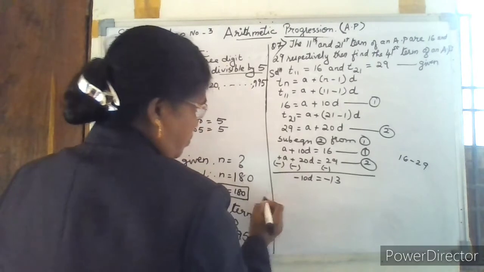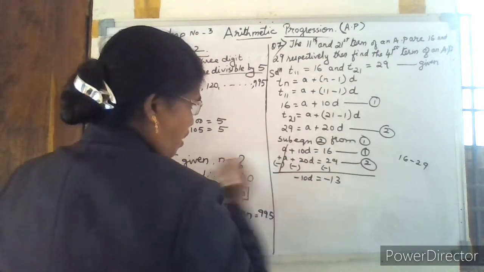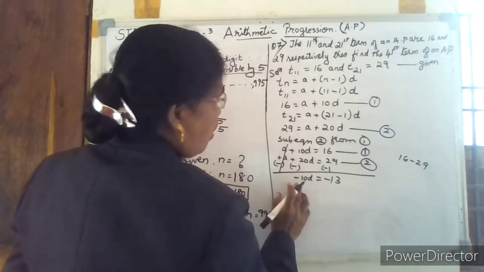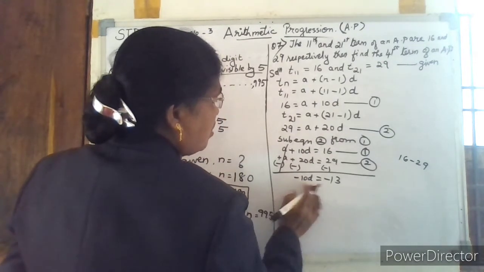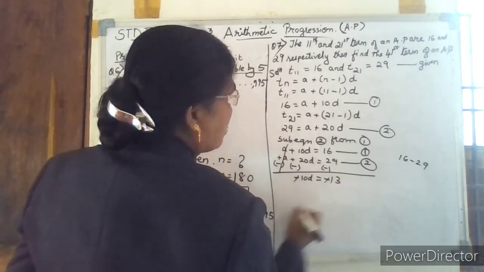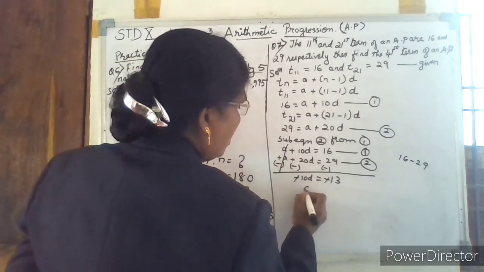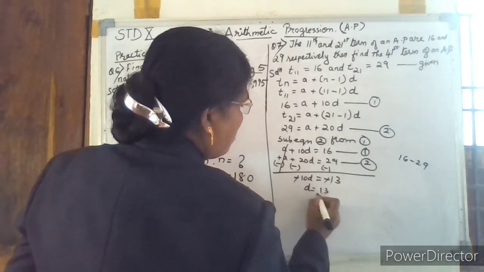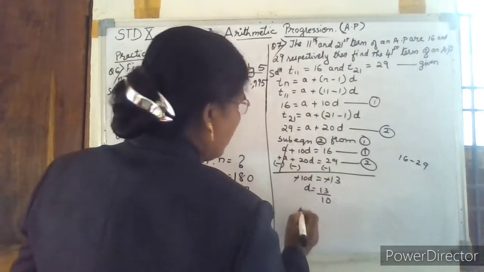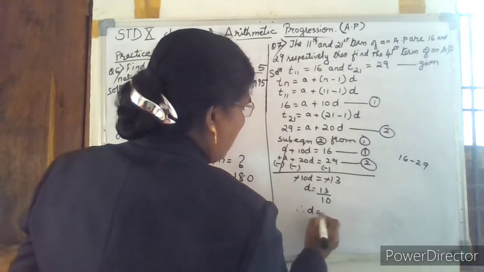And A minus A gets cancelled. So on both sides, minus 10d is equal to minus 13. Minus minus cancels, so d is equal to 13 by 10. We cannot simplify this, so leave it as it is. The d value is 13 by 10.